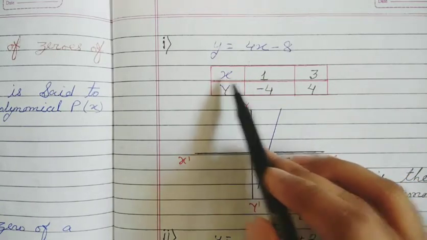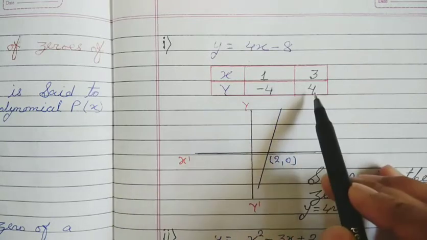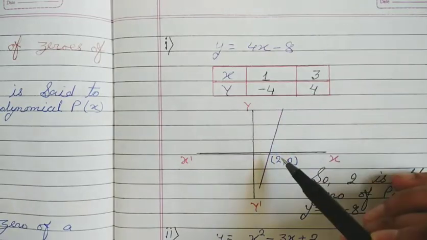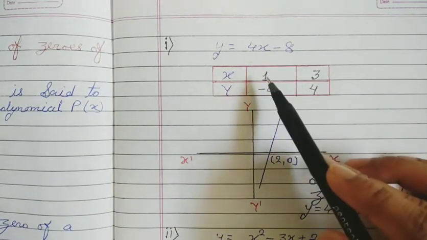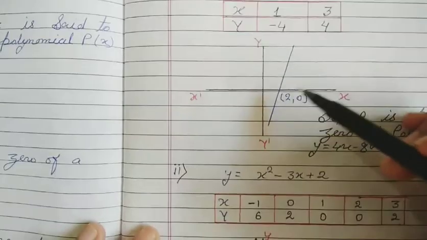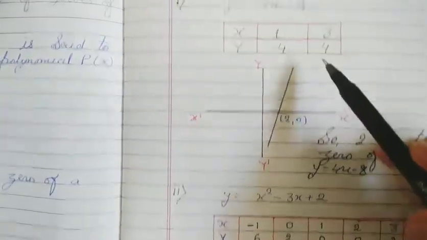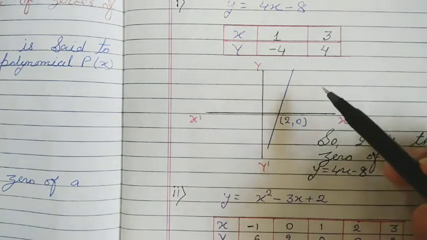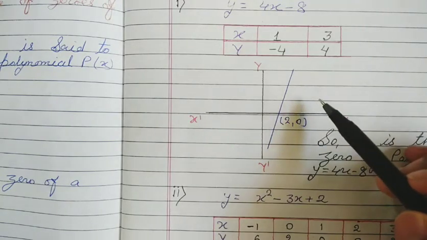If I took x is equal to 3, then I got y is equal to 4. Draw this data on a graph paper, and you will get a graph something like this.